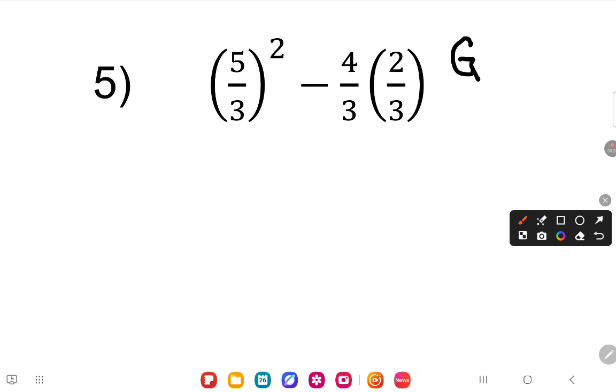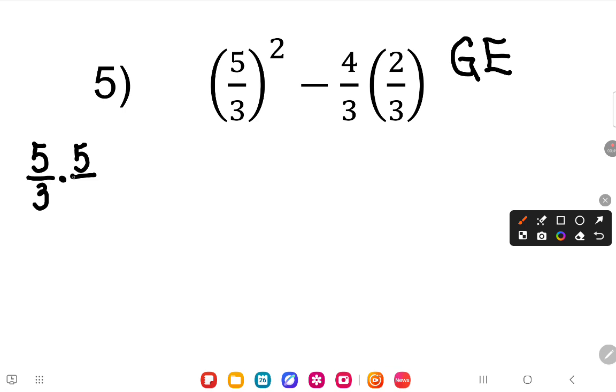According to the order of operations, we should start with any groupings first, insides of things. I don't see any operations inside of any groupings, and so we'll move on to exponents. Now, I do see this exponent, 5/3 squared. Remember, guys, it might look scary, but fractions are really easy to multiply and divide.